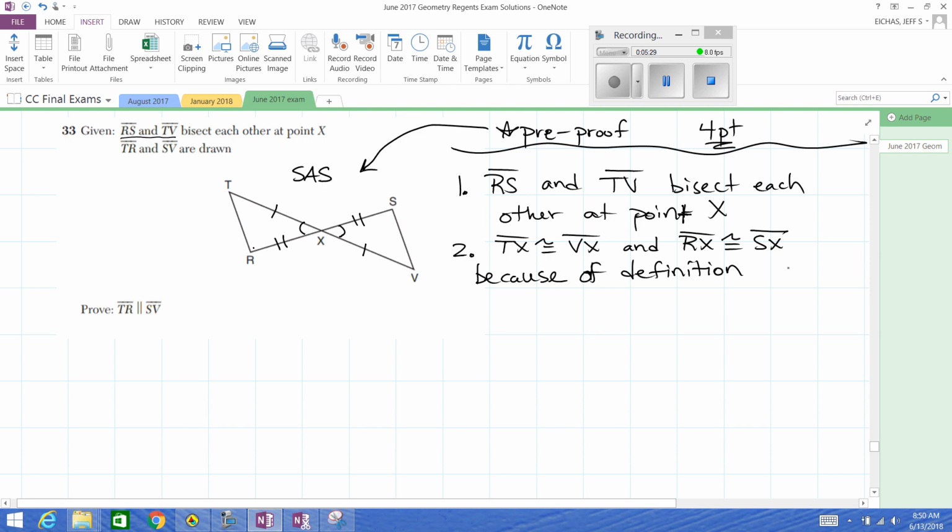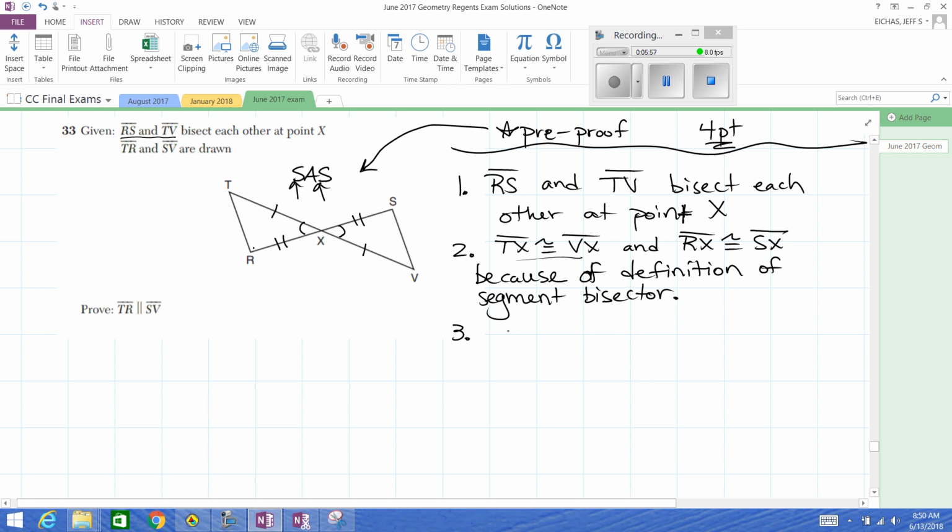There is a definition we can use. I'm going to say definition of segment bisector. You could explain it: when segments bisect each other, they cut each other into two congruent halves. However you want to do that. Now that's going to get us both S's. There's one pair of sides congruent, so that's one S, and then there's the second.